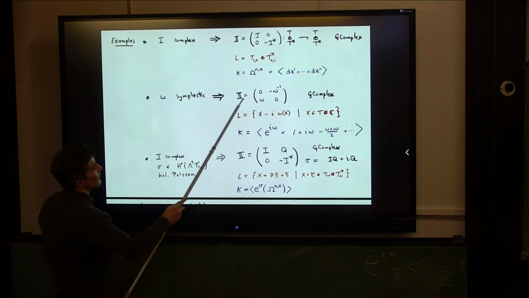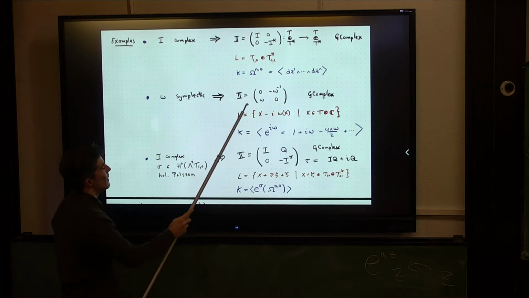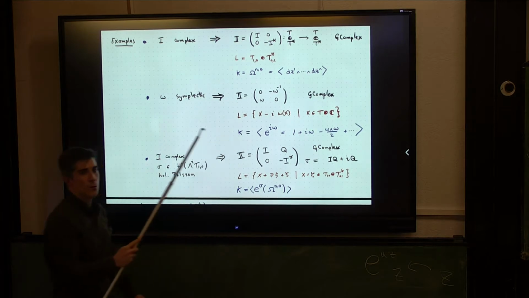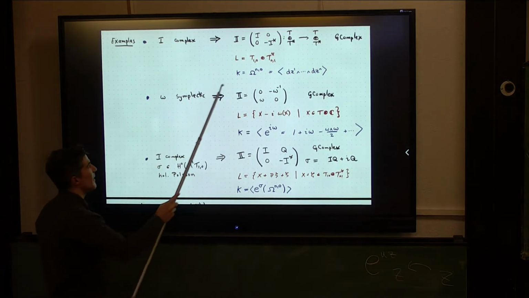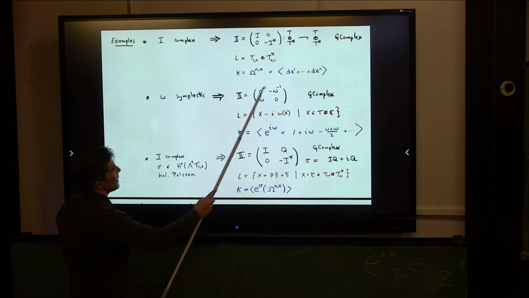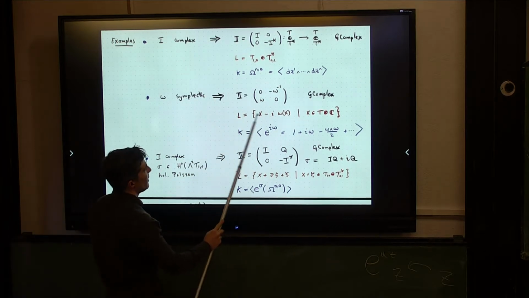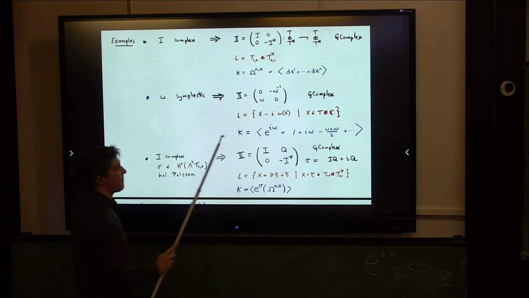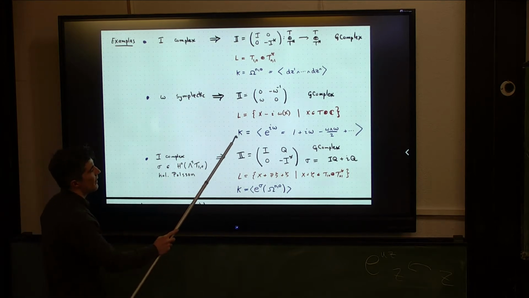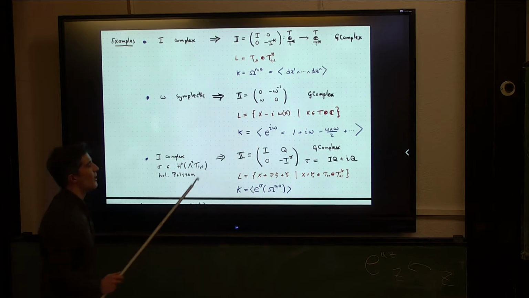And similarly, if we have a symplectic form, we can think of the symplectic form as defining a map from T to T star. That's the so-called musical isomorphism. And then its inverse would go from T star to T, and so you get an off-diagonal example. This is the plus i eigenbundle, which is just the graph of omega, roughly speaking. And the canonical line bundle is exactly the line bundle generated by the exponential of i omega.